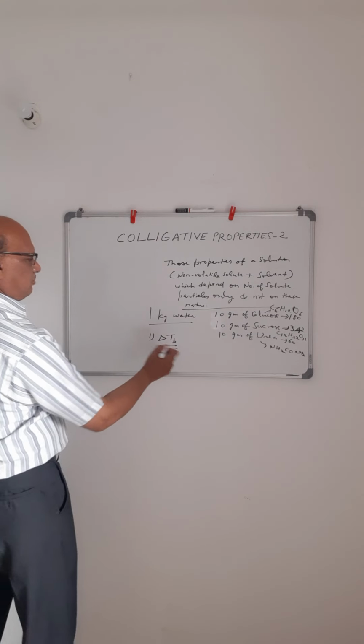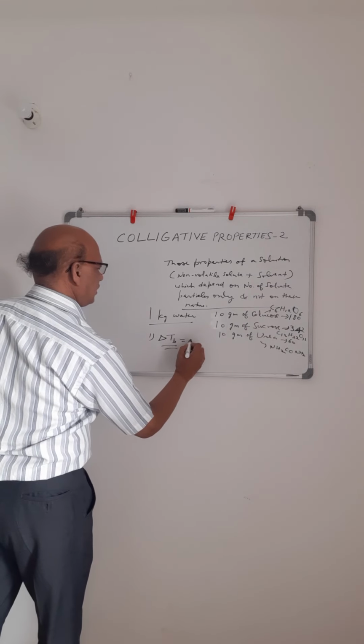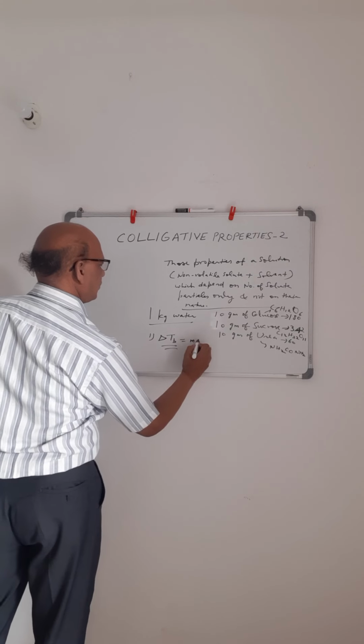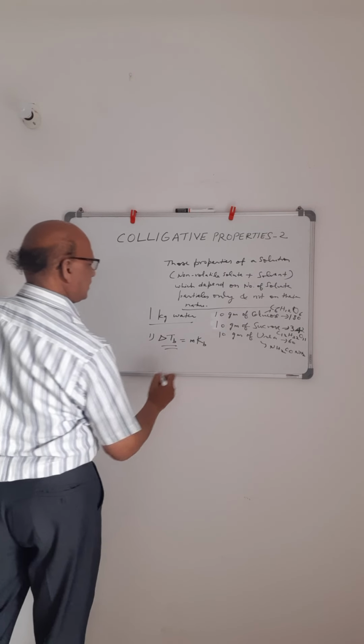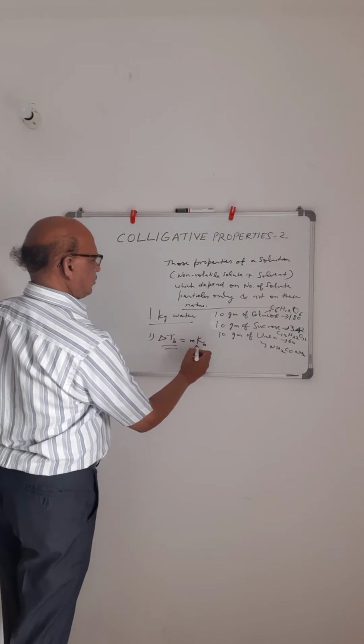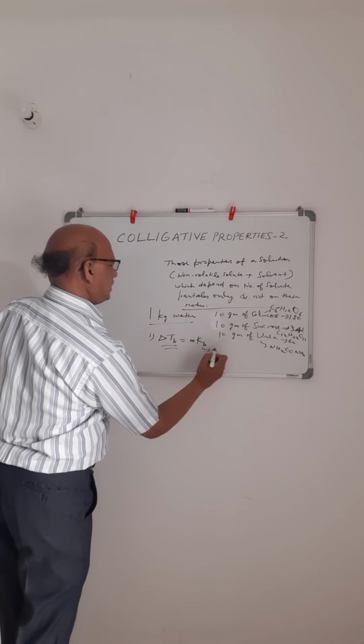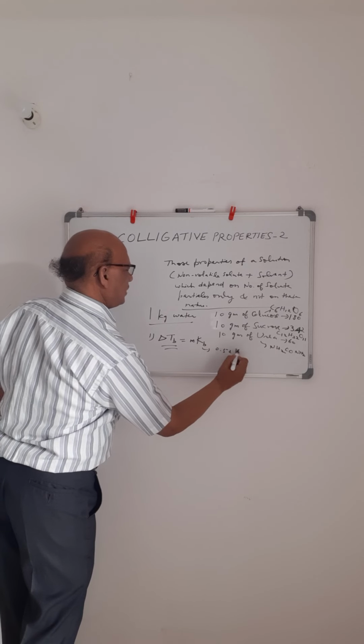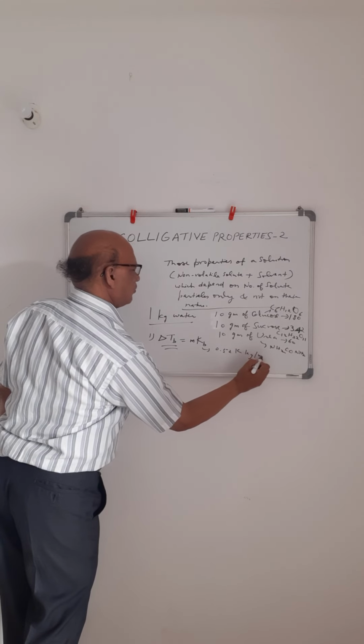So delta TB, if we calculate, that will be molality into Kb, that is the molal elevation constant for water, which is constant, that is 0.52 Kelvin kg per mole.